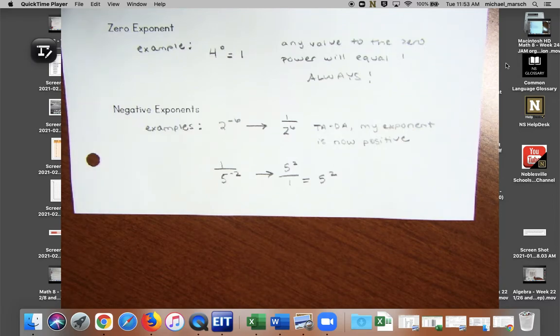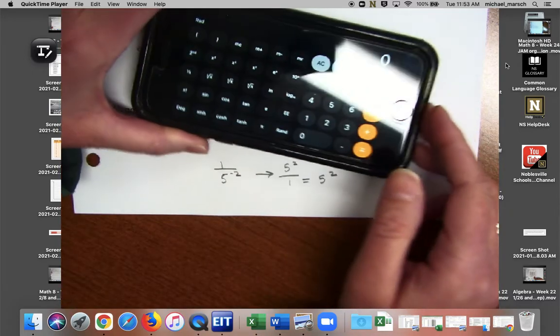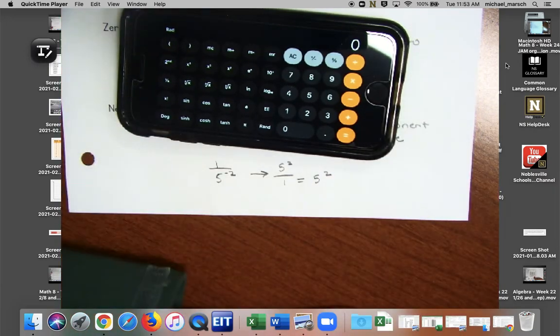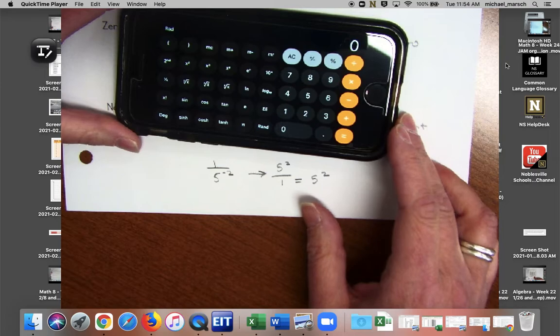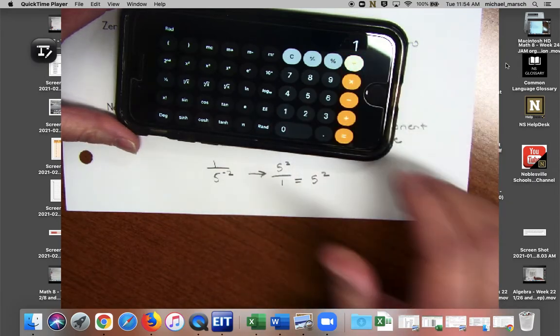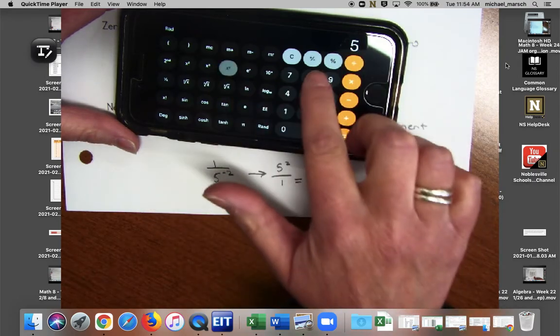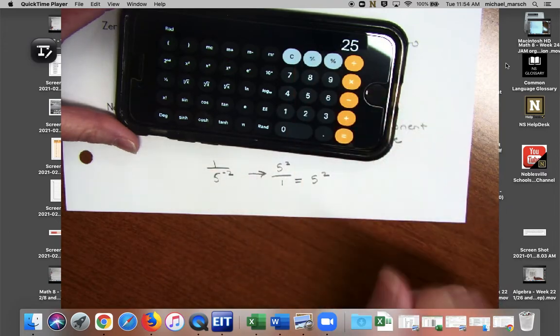Does everybody want to see how that works? Sure? Okay, similar situation. Well, what's 5 squared? 25. We all know it's 25, so I don't need to show you that one. Good grade. So if I have 1 divided by 5 to the negative 2, I get 25.